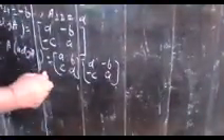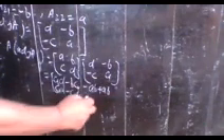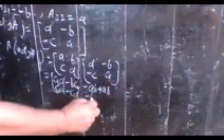Taking the product, first row, first column: ad minus bc. First row, second column: minus ab plus ab. Then cd minus cd, and minus bc plus ad.